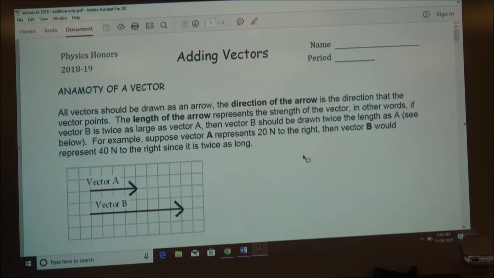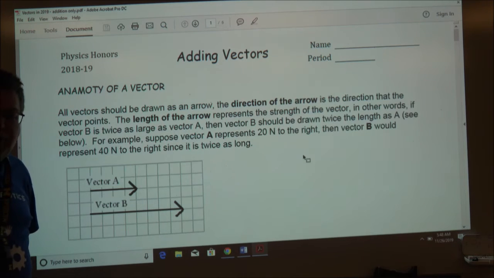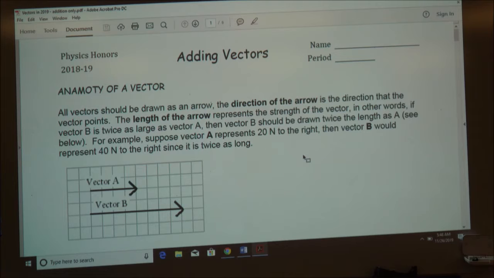Adding vectors has never been much of a chore for us because all of our vectors have always been along the same line. For example, all of our vectors were either in the x direction or in the y direction. Now we're going to start working with two-dimensional motion, so our vectors could be partly x and partly y.